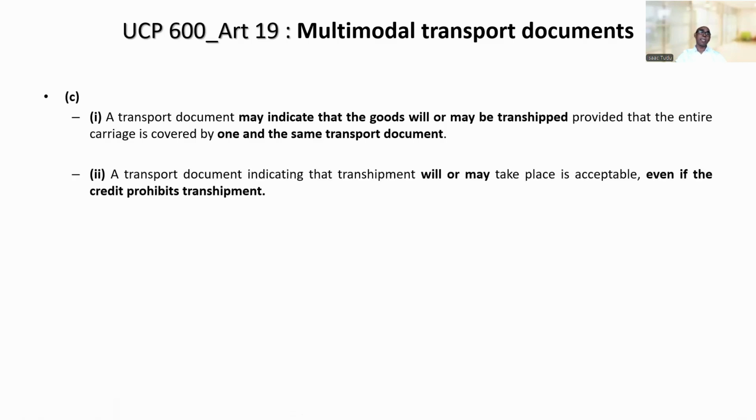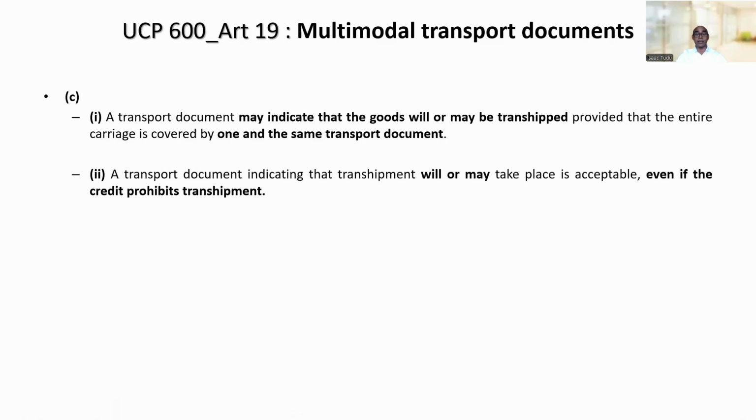Further, we see here 19C2 says a transport document indicating that transshipment will or may take place is acceptable even if the credit prohibits transshipment. So this article states that transshipment is allowed even when it is prohibited in the LC. LC says transshipment not allowed.